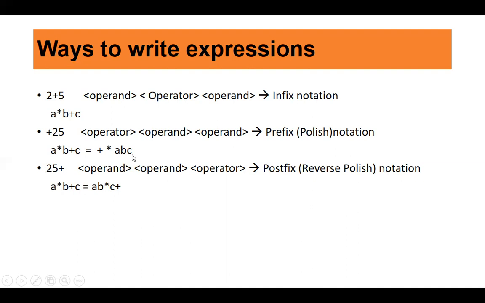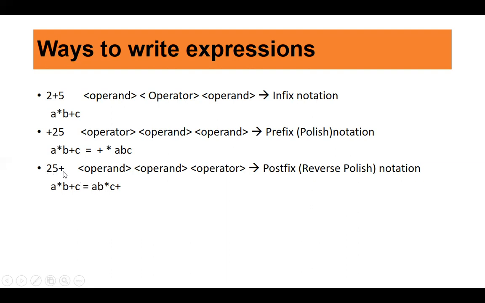Another way of writing it is operand, operand, and operator, so operands are followed by the operator. That is postfix, which we also call reverse Polish notation. In the same example, if this is in infix form, when you convert it into postfix form, it will be operand, operand, operator, and then operand and operator.